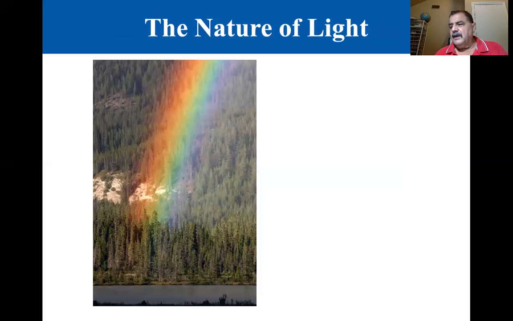Newton taught, and everybody believed, that light was just particles that were coming from the sun or a candle or wherever they were coming from. Some, like Christian Huygens, proposed that it was waves, and people didn't believe that it was waves for several reasons.